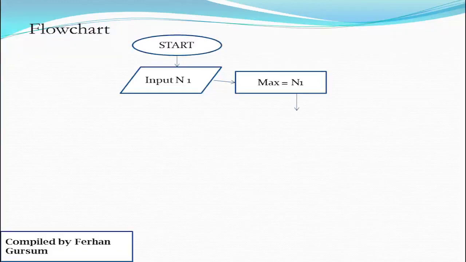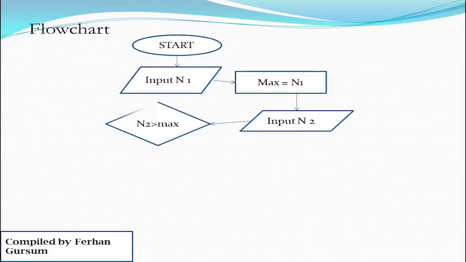Then we are going to take N2 again by using the input output diagram, input N2. So the next step is, now we have 2 numbers, we have to compare. Based on a condition, we have to rank N2 and N1, okay. So the flow of the program, then the diamond structure: N2 is greater than max, it is asking, okay.